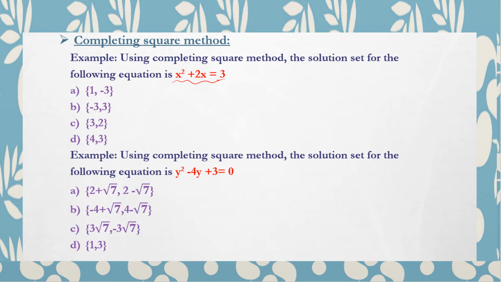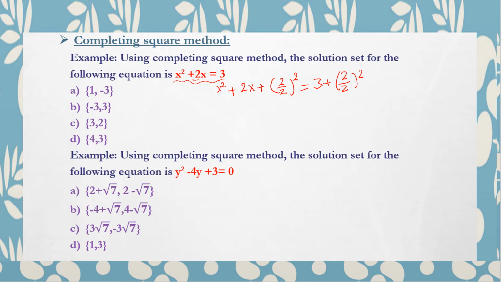The second step is to divide b by 2, and b here is 2. So x squared plus 2x plus 2 over 2 squared equals 3 plus 2 over 2 squared.